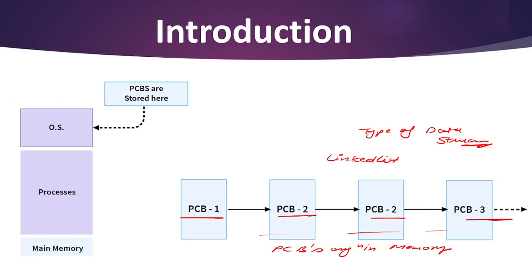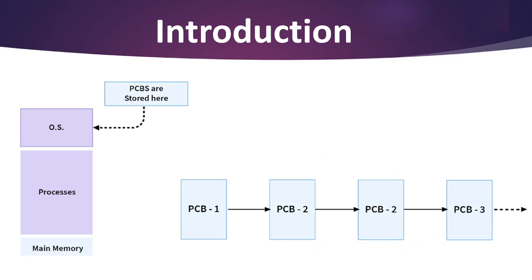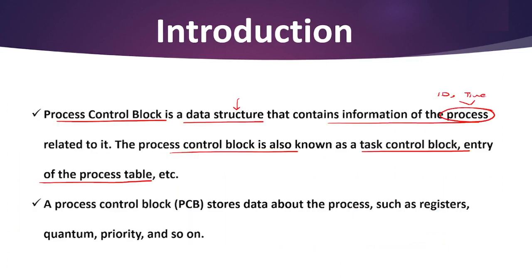So let's just summarize the complete session here. We have discussed the basic introduction of PCB. PCB is what? It is a data structure that is maintained or created by the operating system and used to store the information of each process that is being created by our operating system. And the role of PCB is what? Its role is to give identity to each process. We have discussed every process has a unique PCB, unique data.